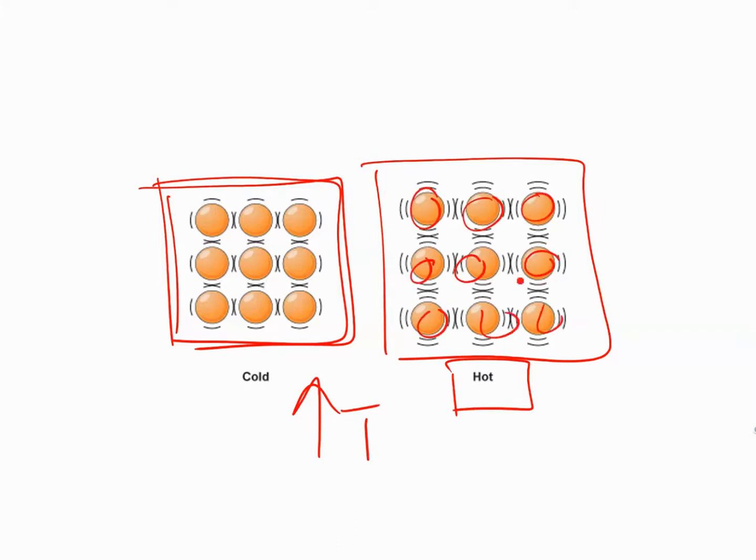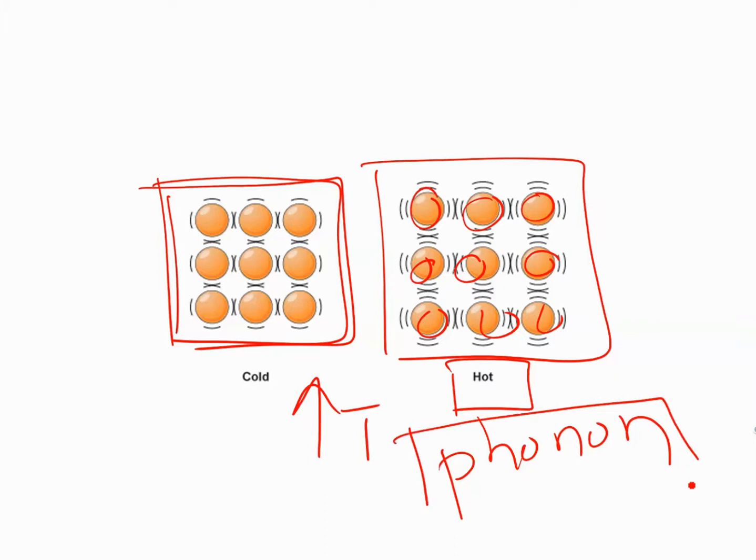Okay, so the vibration mode of all these atoms is related to the vibration mode of the lattice, and we call this type of lattice vibration phonon. Okay, so in this chapter, I'm going to introduce you to the phonon concept by using two types of model.